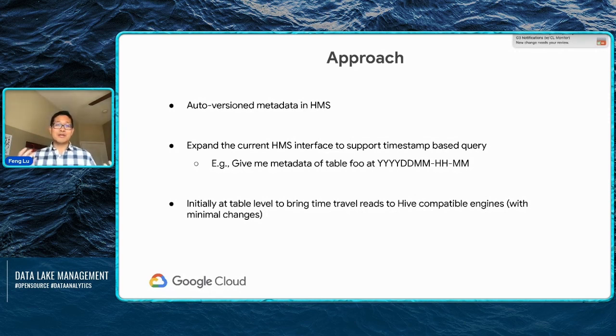So as long as you have the Hive storage handler for a particular format, for example, Iceberg has an external storage handler for reading Iceberg tables, then with this auto-versioned table, every time you provide a timestamp, we give you a previous snapshot of where those metadata files live, so that you can read at a particular time, even for non-Iceberg-native readers.